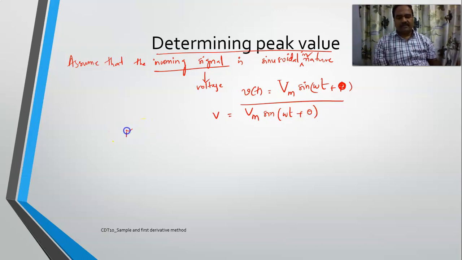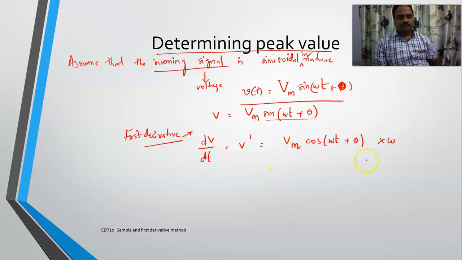Now, if I take the first derivative of this, dv/dt, which I'll represent as V dash, this is equal to Vm, sine will become cos, omega t plus theta. The internal derivative is omega, right? So if I bring this omega to here, what I'll get is V dash by omega equal to Vm cos(omega t plus theta), right?